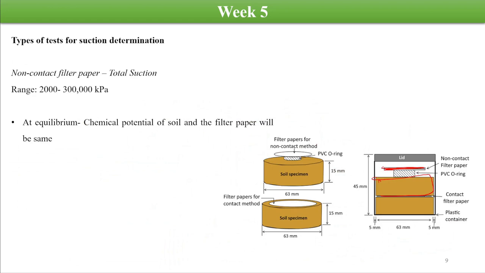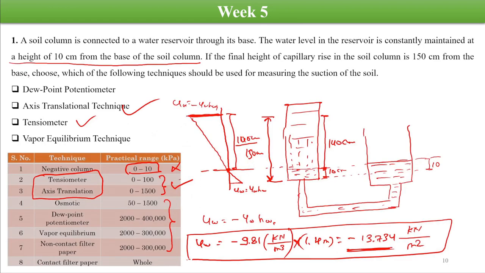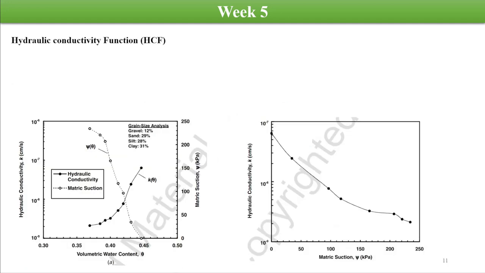So till now we have seen how we can measure the matric suction, and how we can use different techniques to measure the matric suction. Okay, now we move on to hydraulic conductivity function. So the hydraulic conductivity function is actually the variation of the hydraulic conductivity based on the volumetric moisture content.